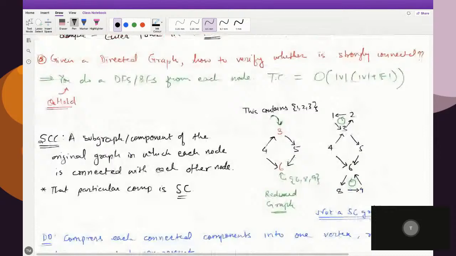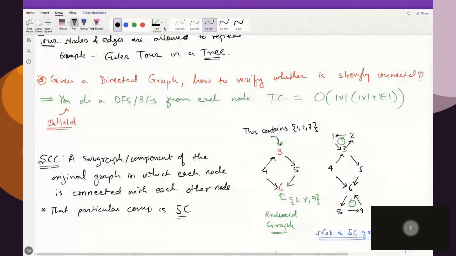What does that even mean? The way we have defined a strongly connected component, it is clearly possible that node number 2 is itself one particular strongly connected component. This itself is a strongly connected component, right? And this itself is a connected component. So if you do like that, then nothing will change. The graph still remains the same. So what I actually mean is, don't pick each individual node one by one and say okay they are strongly connected, although they are, but pick the maximally connected components, right?